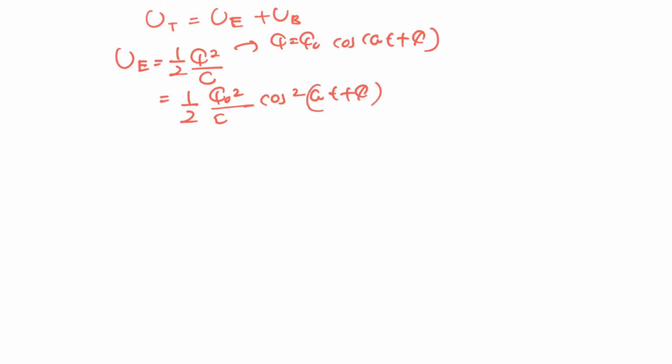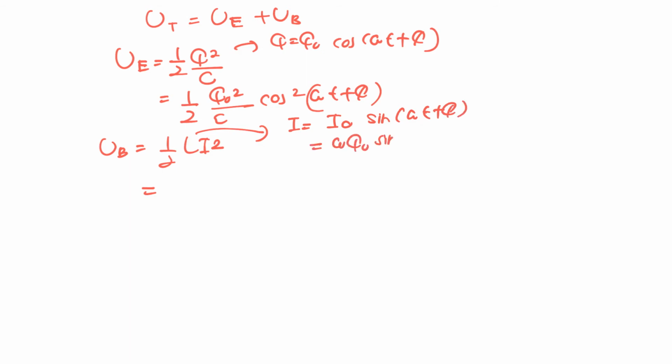And then you have the energy for the magnetic field, which is 1/2 L i square. You got the equation for the current before: I equals I naught sine(omega t plus phi), where I naught is omega q naught. So you insert into the equation, you get 1/2 L omega square q naught square sine square(omega t plus phi).